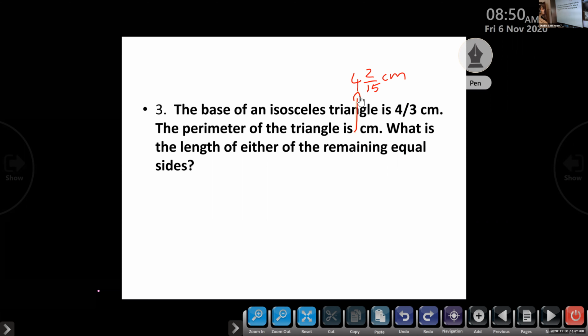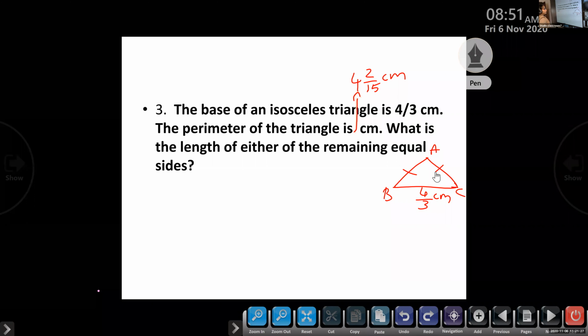Base of an isosceles triangle is 4 by 3. The other two sides will be equal. This is 4 by 3 centimeter, and perimeter is given. Triangle ABC. These two sides will be equal because it is an isosceles triangle.